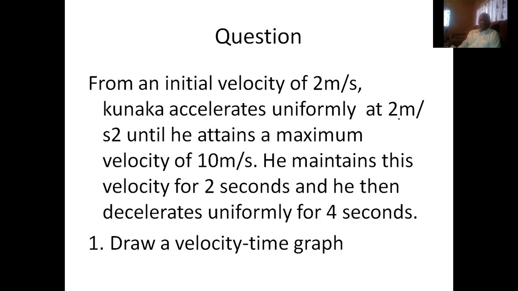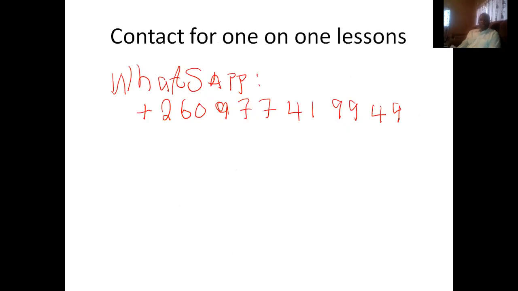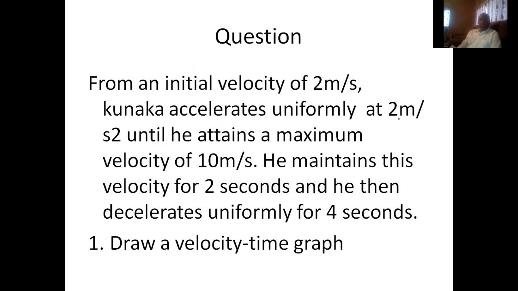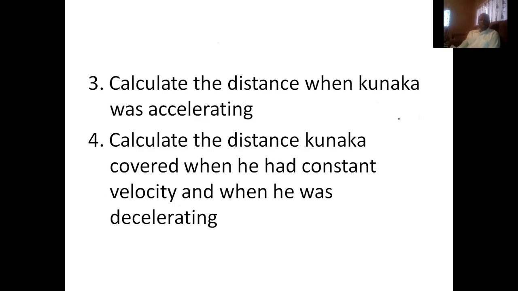Draw a velocity time graph. Second question, calculate the distance when Konaka was accelerating. Also, calculate the distance Konaka covered when he had constant velocity and when he was decelerating.